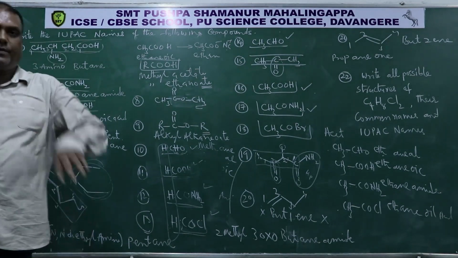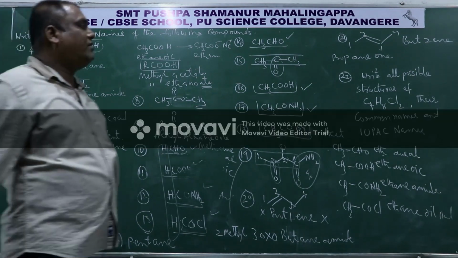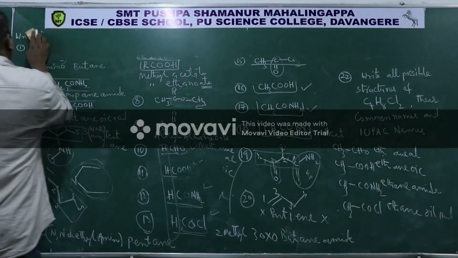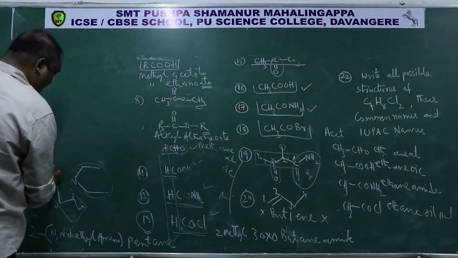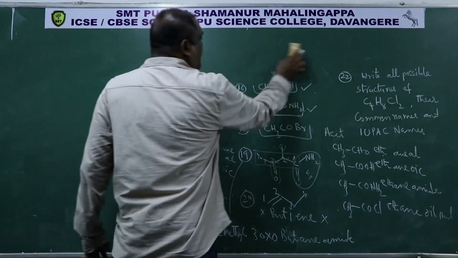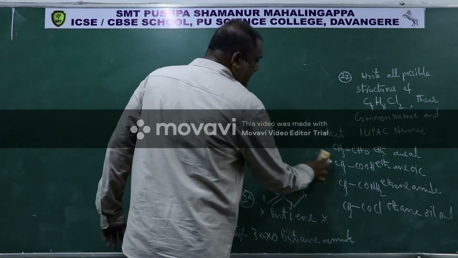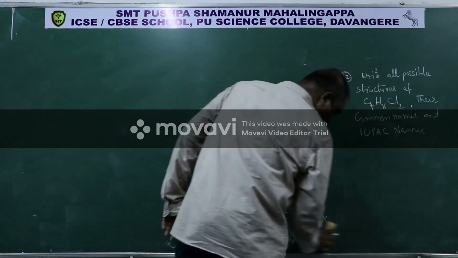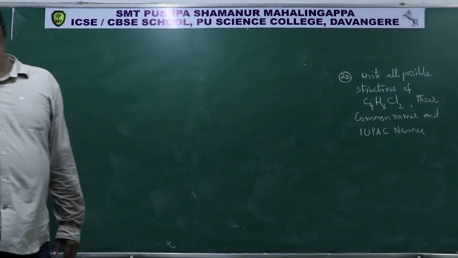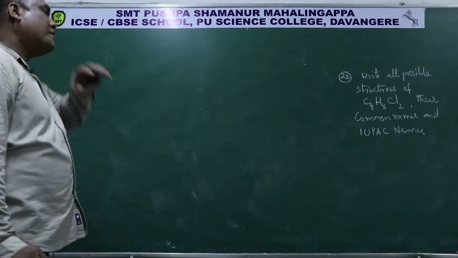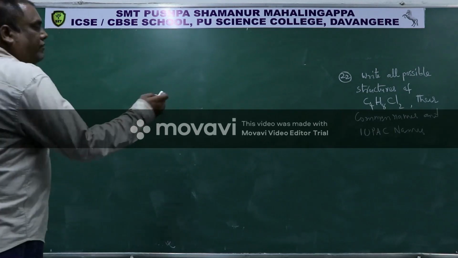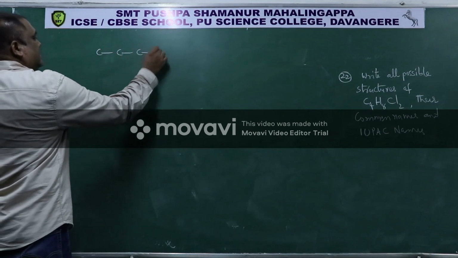Now 22nd question. He is asking you to write all possible structures of C4H8Cl2. C4 means I can write like this, C4.